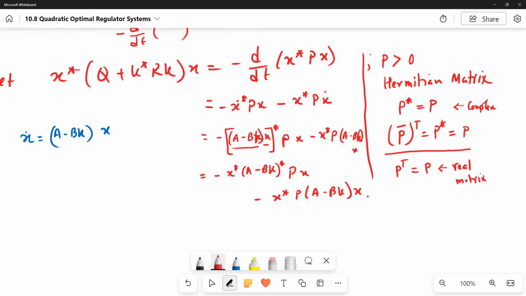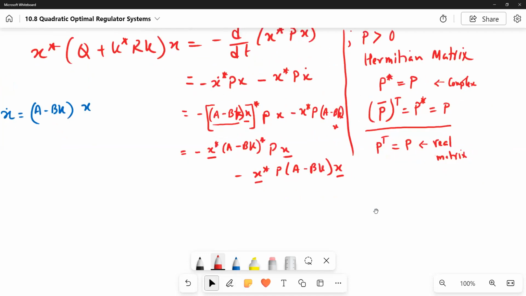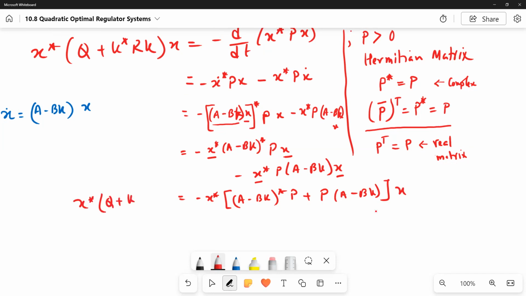Again, you can see that in both terms P is premultiplied with x star and postmultiplied with x, so you can take it common. So you can write minus x star [(A minus BK) star P plus P (A minus BK)] x.